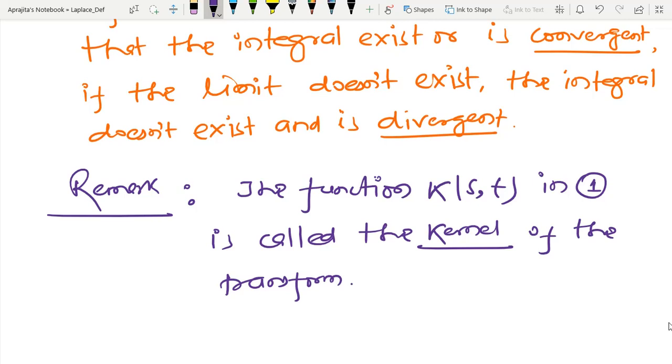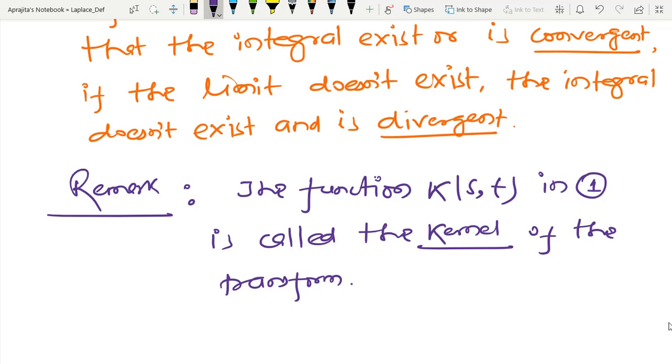Now you can see that if I have a certain function f(t), then I have infinitely many ways to select this kernel. But during this selection, somehow I have to make sure that whatever integral comes into the picture is going to converge.